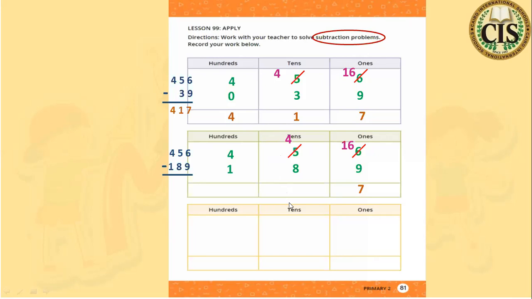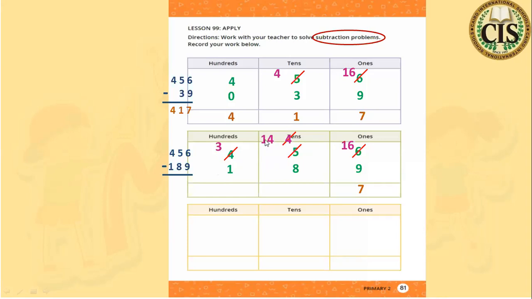Can you give me 1, please? So we will go to the 100, 4, and give me 1. 4 will be 3. And this is 4. I will cancel 4, and 4 will be 14.